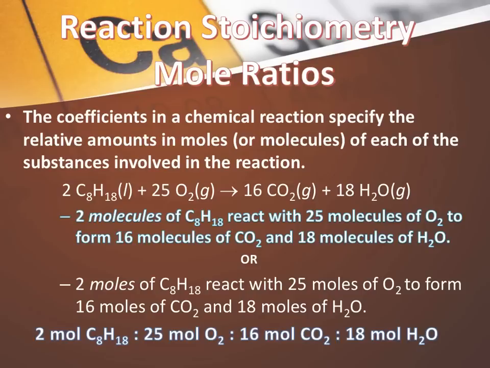Think of the coefficients as representing molecules or moles or anything that you can count. So this would be 2 molecules of octane, which reacts with 25 molecules of oxygen to give 16 molecules of carbon dioxide and 18 molecules of water.